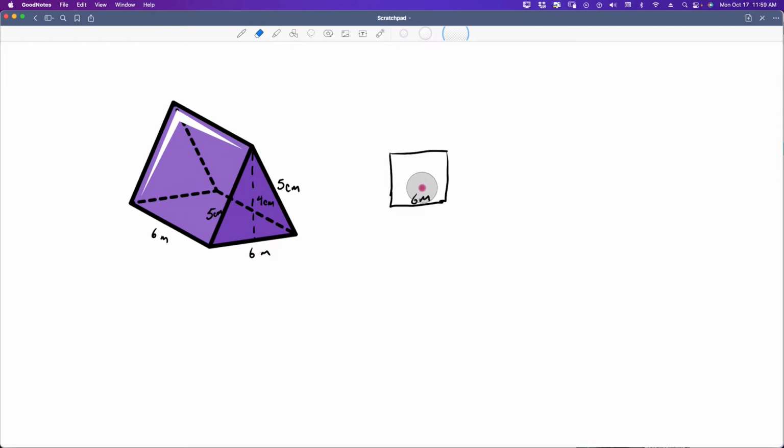I'm still writing all kinds of stuff that's wrong. 6 centimeters for the length, and 6 centimeters for the front. This is the front right here. And I'm going to take this triangle and I'm going to lay it down.